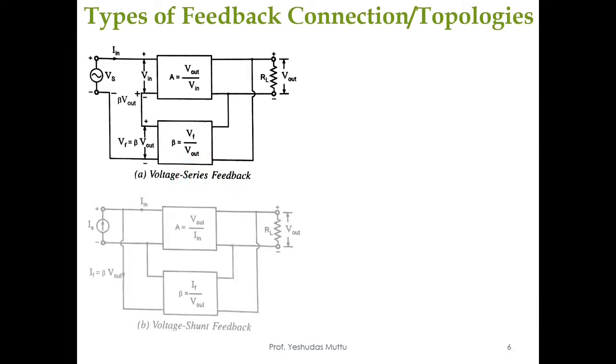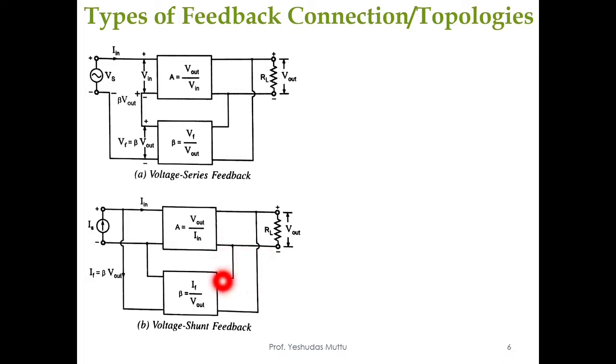Let's move to the next type, voltage shunt feedback. Again, go with the words: the first word tells you about the output, the second word tells you about the input. The first word is voltage, which is the output, and how do we take voltage? In parallel.